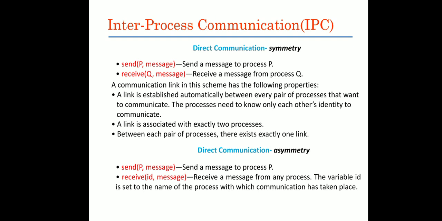Instead of the sender's identity, we have id as the parameter. It receives a message from any process, and the variable id is set to the name of the process with which communication has taken place. In this receive primitive, the receiver can receive any number of messages from any processes, but they should have the same identifier value.